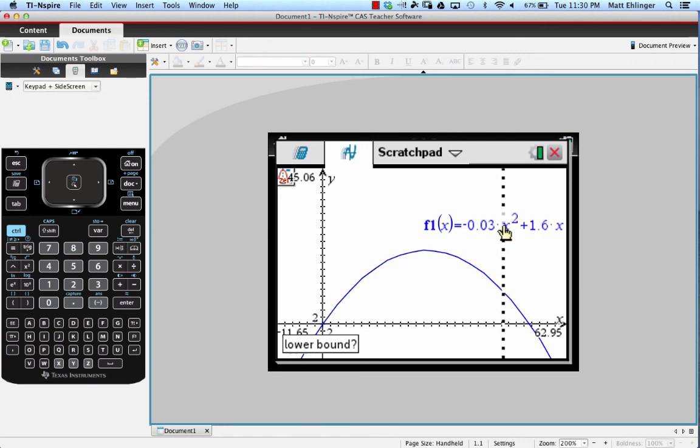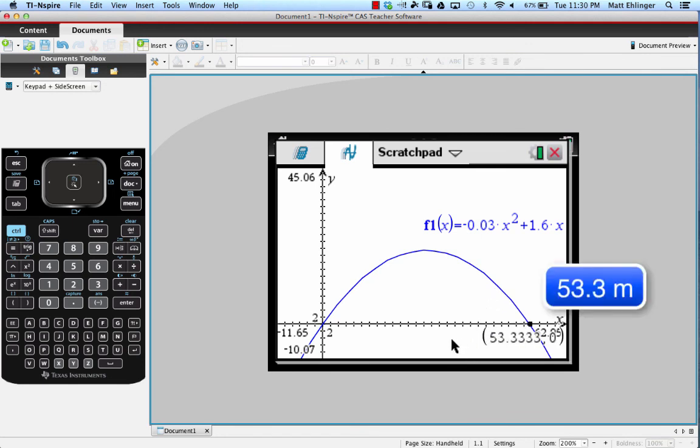So click somewhere to the left of the intersection, and then somewhere to the right of the intersection, and you'll see that the 0 is highlighted in this gray strip, and the calculator approximates our 0 for us: 53.3333. So 53.3 is the distance that the ball traveled.